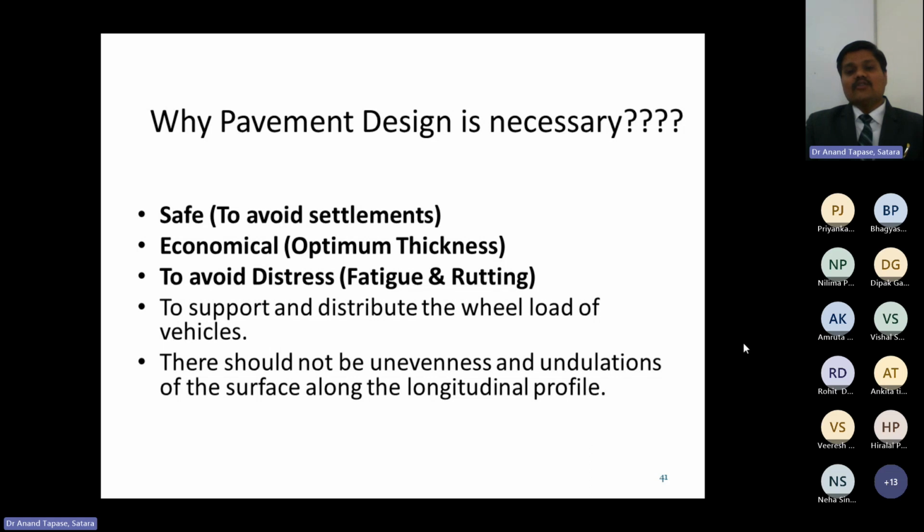So we can't go with the blind faith that keeping more thickness will be okay. That case is absolutely gone. Today the road should be safe and economical. It should avoid distresses of fatigue and rutting.